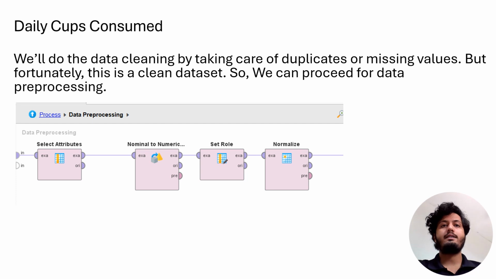By setting roles, I selected daily cups consumed as the label, and I also used the normalize operator to normalize the entire data.